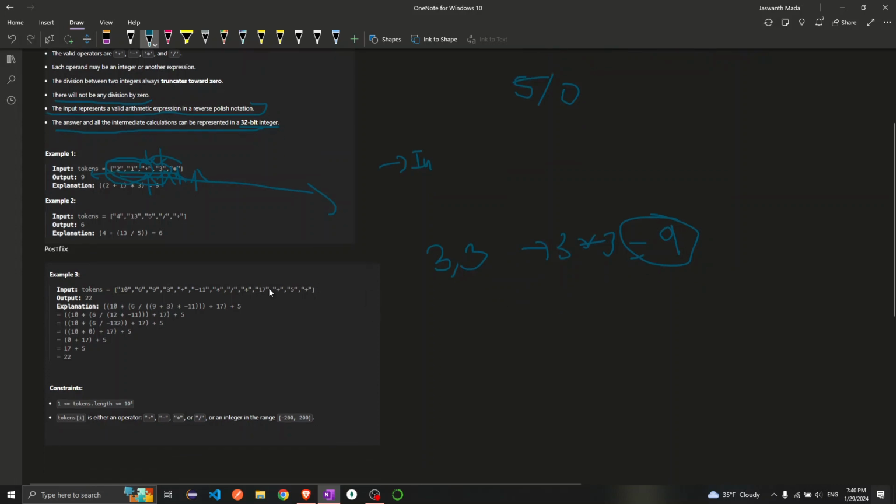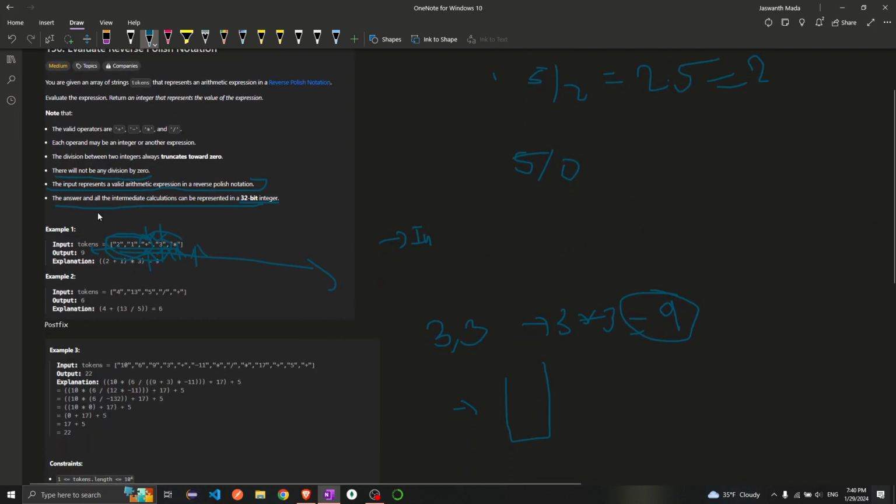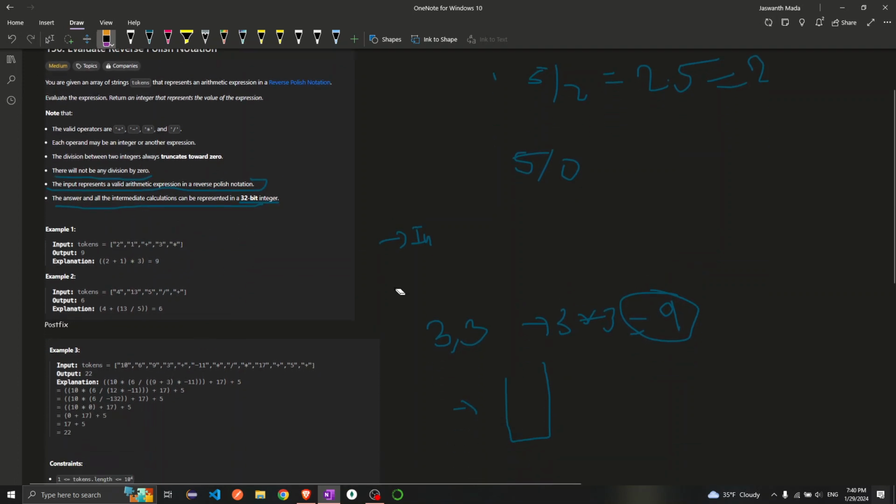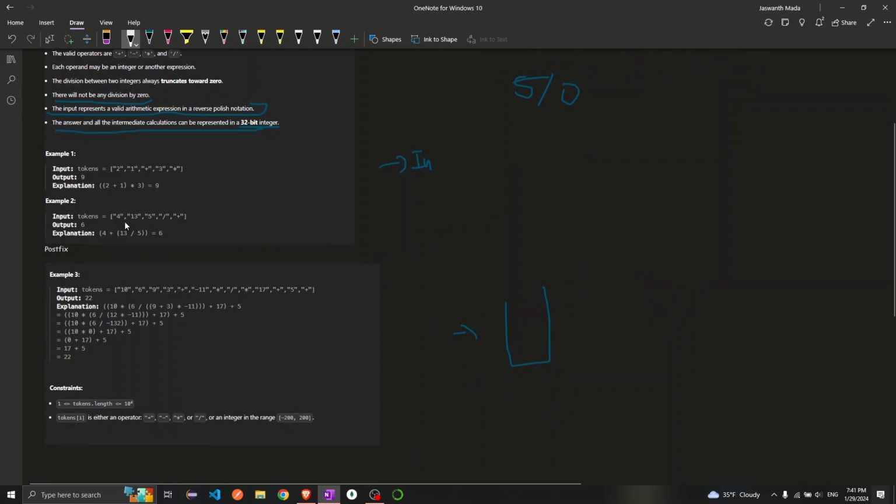So in this case, when we are taking the previous two elements, it's better to use a stack. A stack is generally used to evaluate postfix expressions. So in this case, we are going to use a stack. How are we going to solve it using a stack? Let's take this example.